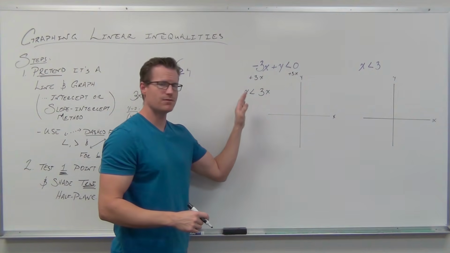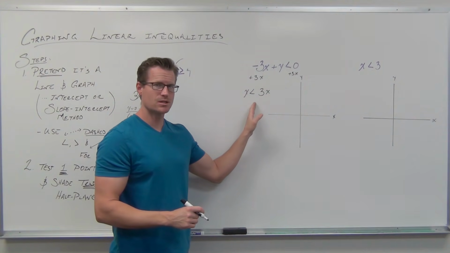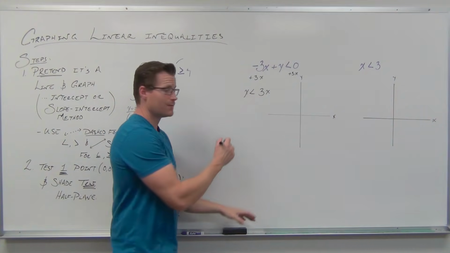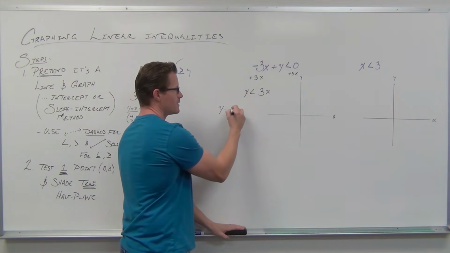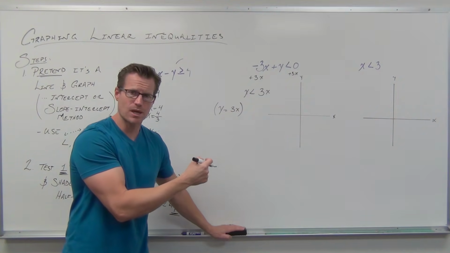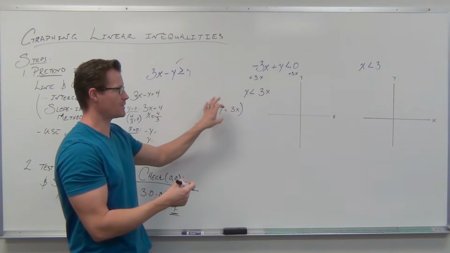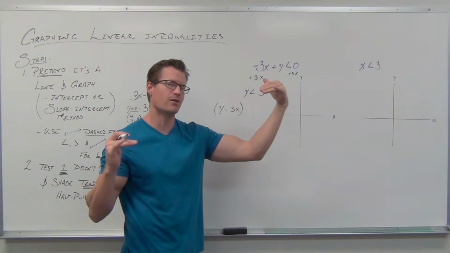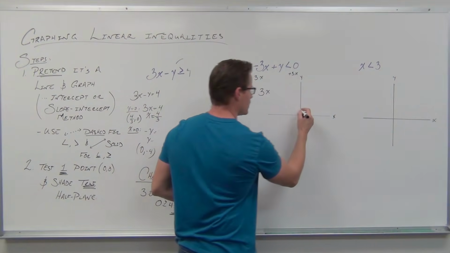I'm not dividing by a negative. This is perfect. This has a y-intercept of 0, something we already knew, and then it has a slope of 3/1. If you still want to pretend that this is a line, just so you can graph it, if you need that, that's okay. But remember, this is based on this inequality, not just this line. It's just to help us see the separator of our half planes, the boundary.